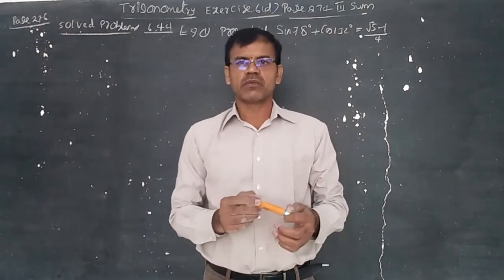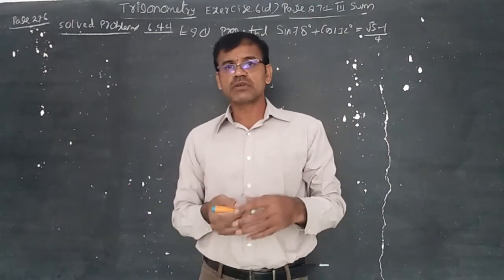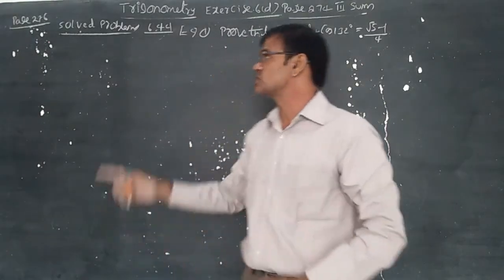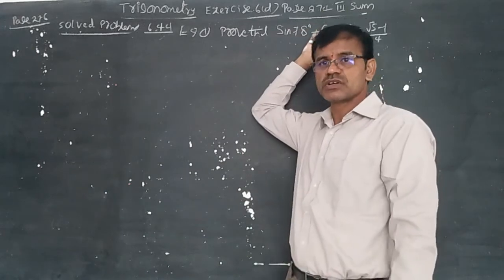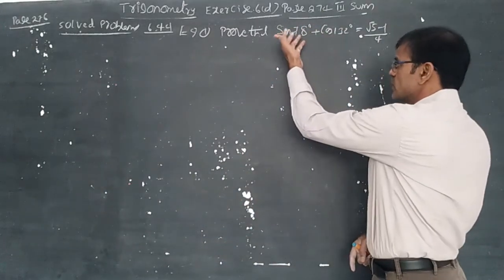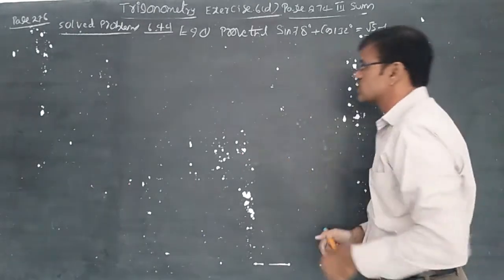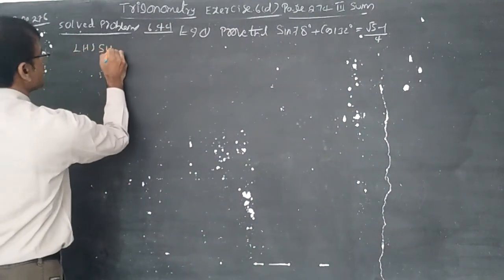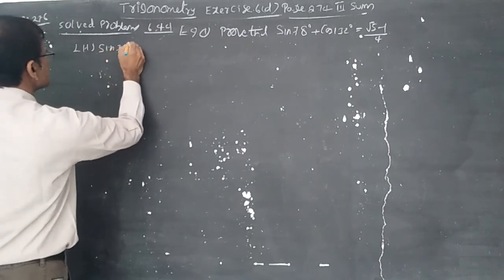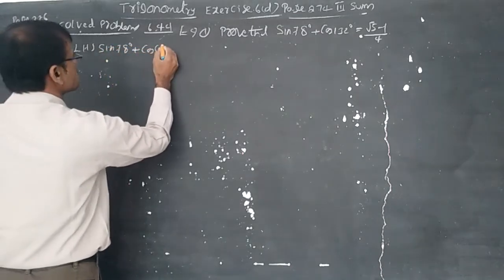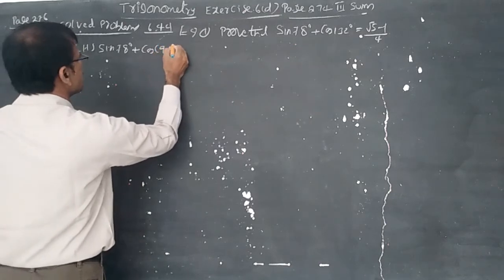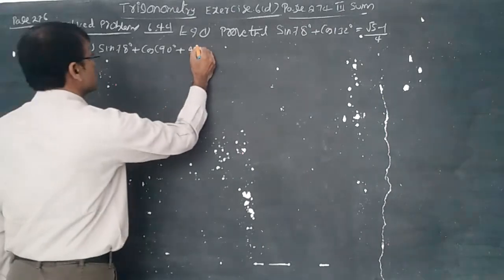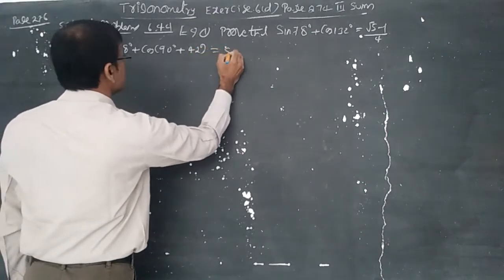Just now we have discussed the transformation formulas in terms of two sine terms or two cos terms. There is no formula for one sine and one cos. So we should convert either the sine term into a cos term or the cos term into a sine term. Taking LHS here, sin 78 degrees plus cos 132 degrees can be understood as cos of 90 plus 42 degrees.